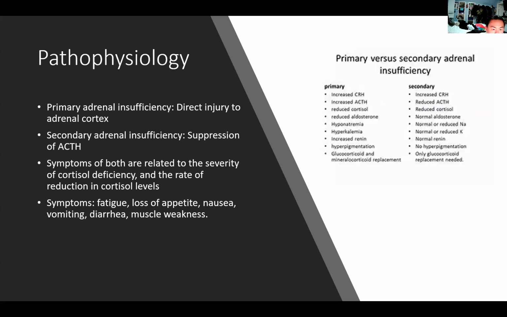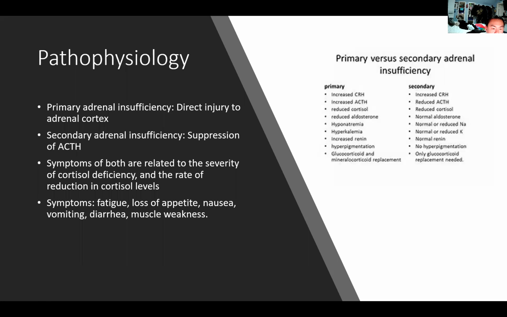So for the pathophysiology, like I said, there's two types of Addison's disease. In primary adrenal insufficiency, a person's adrenal cortex doesn't work properly, and this can be due to an autoimmune destruction of the adrenal glands, which is the most common cause of Addison's disease, or it can be due to infections such as sepsis or tuberculosis, or just trauma to the adrenal glands themselves.